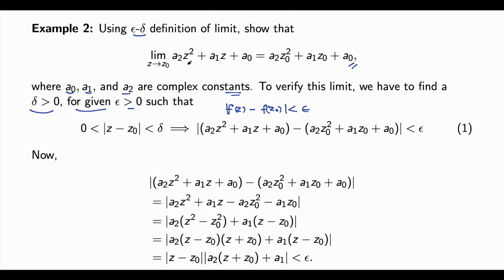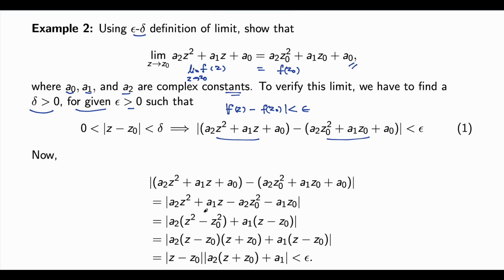If I assume this is a function of z, then the right hand side is going to be f(z naught), after taking the limit z tends to z naught. So this is less than epsilon. And then we are going to solve this term.